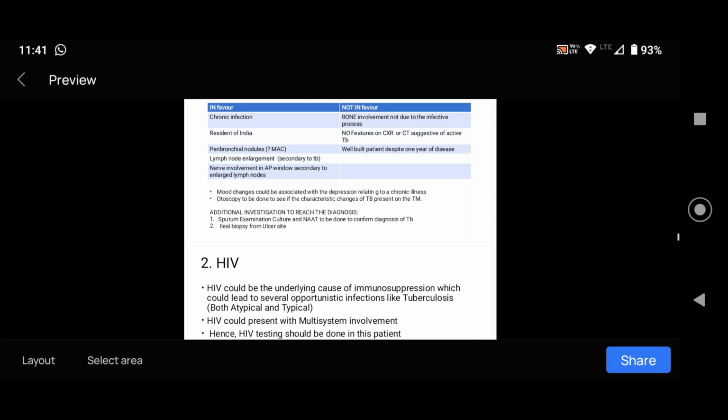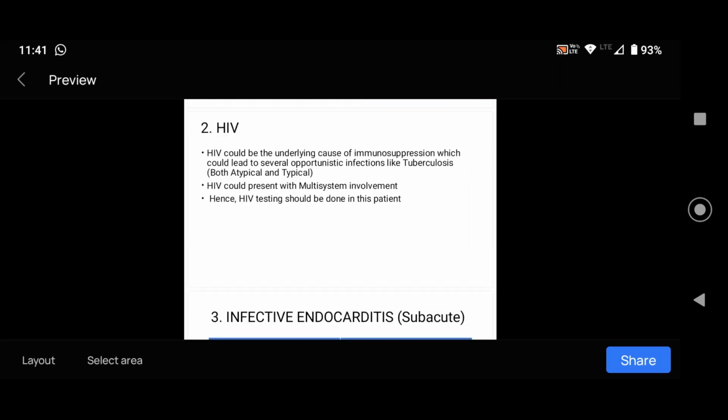Go ahead. Next. Yes, ma'am. Then we come to the next infection, which was HIV. We thought this was missing in the investigations that were performed. HIV could be a cause of underlying immunosuppression, which could lead to TB, so TB in the background of HIV could be present.